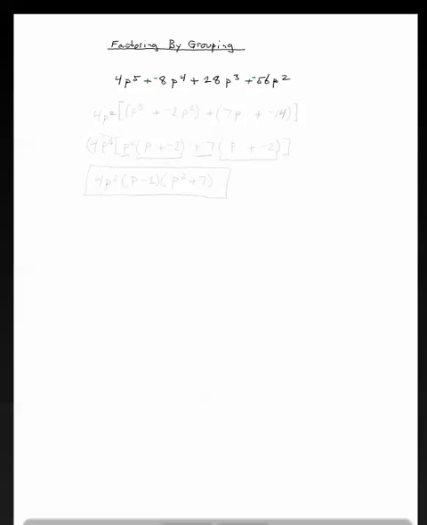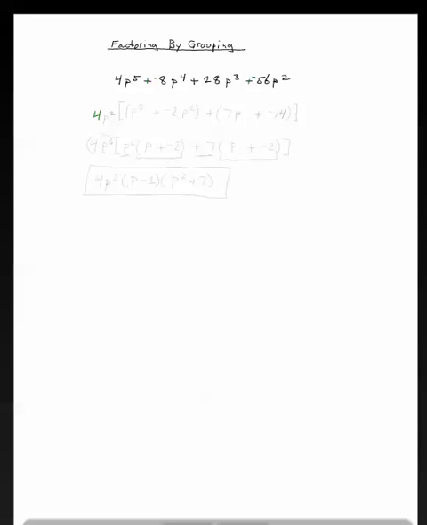Now I look at the numerical factors, and I've got 4, -8, 28, and -56. And they all have a greatest common factor of 4. And then when I look at the variables, I've got p to the 5th, which means 5 factors of p, p to the 4th, which means 4 factors of p, p to the 3rd, which means 3 factors of p, and then p squared, so 2 factors of p.